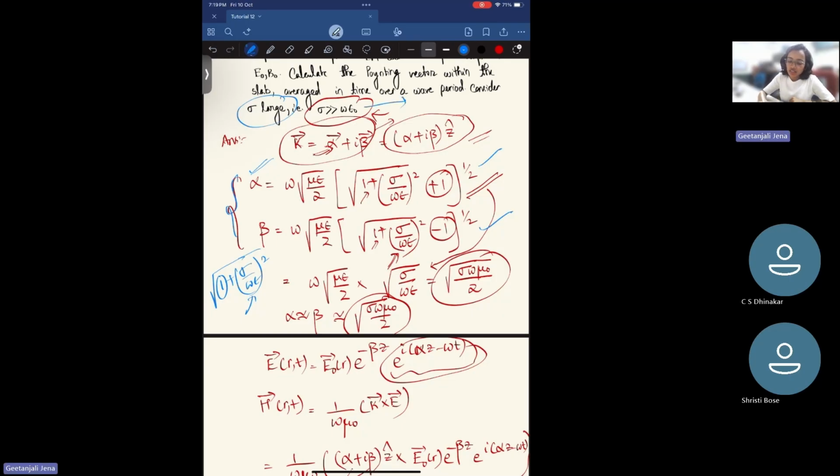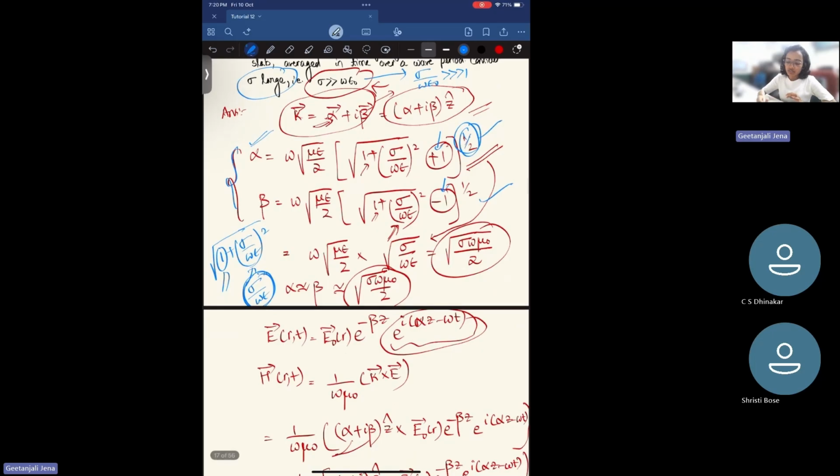So this condition is nothing but sigma by omega epsilon naught is much greater than 1. That is why I have neglected this, and the square root of this square will give sigma by omega epsilon. There is a half here also, and we are also neglecting this plus or minus 1 because it's negligible. So this half will give square root of sigma by omega epsilon.